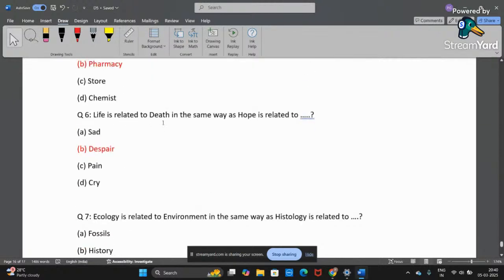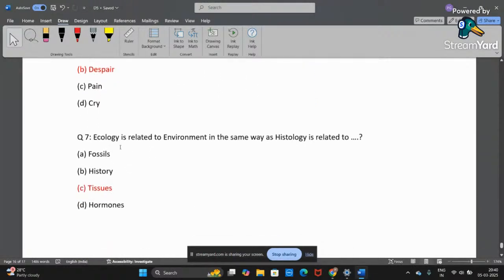And life is related to death. Then how is the word hope related? It is related to despair. Same way ecology is related to environment. In the same way, histology is related to tissues, not history. It's not history, don't get confused. This is related to tissues.